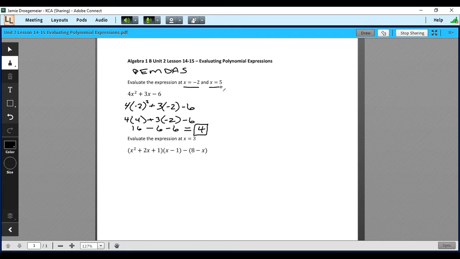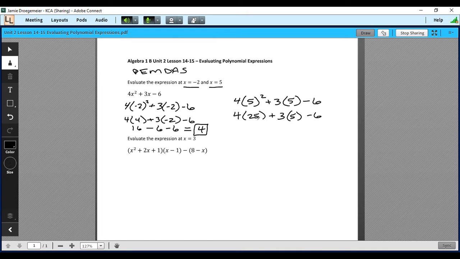Then we want to do the same thing when x is 5. So I'm going to plug in 5 for x and go through the same process. Start with our exponent. 5 squared is 25. So this is 4 times 25 plus 3 times 5 minus 6.